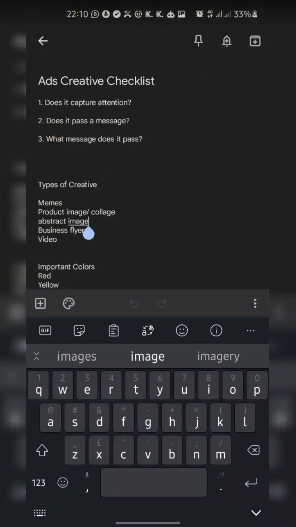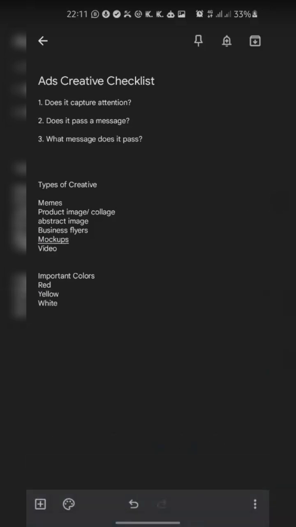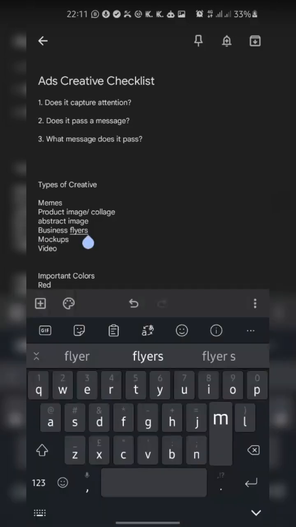So now, we have talked about abstract images. So let's talk about business flyers, or what I call copy flyers, like copywriting flyers.